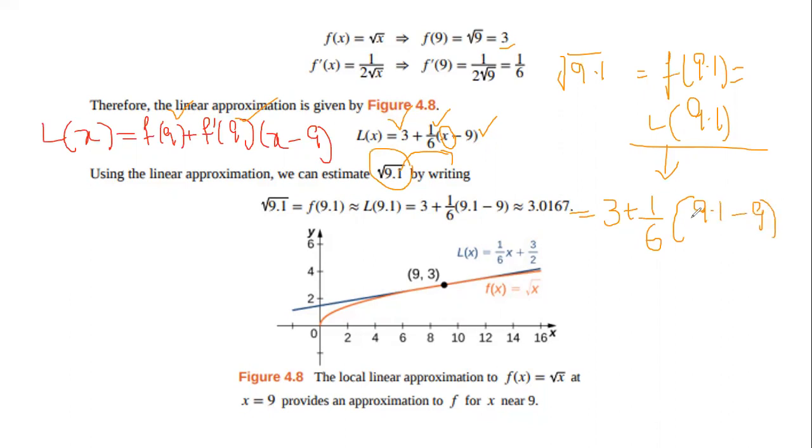Again, the value which must be approximated should be replaced for x. So my x is 9.1 in this case. So this will be approximately equal to 3.0167. This is the value that we have found by using the linear approximation method.